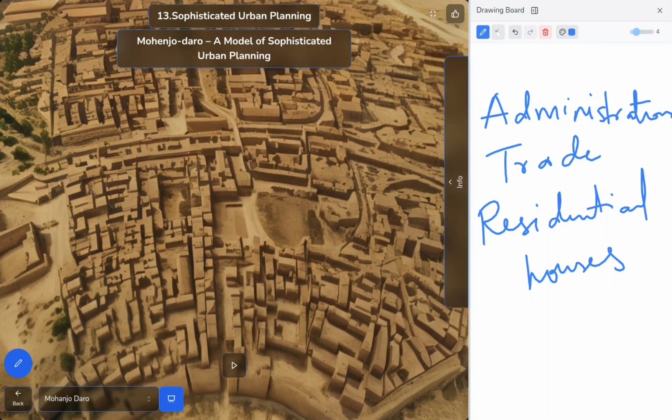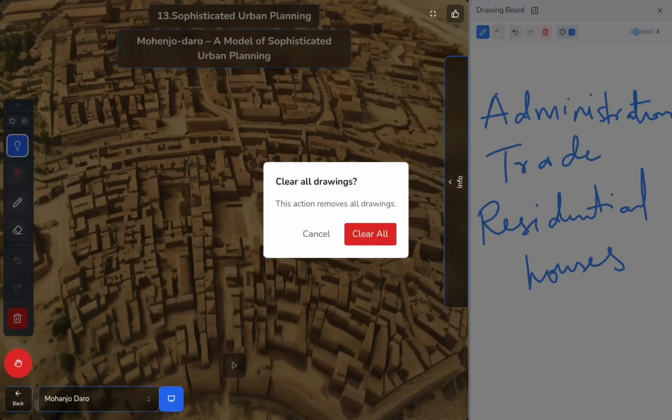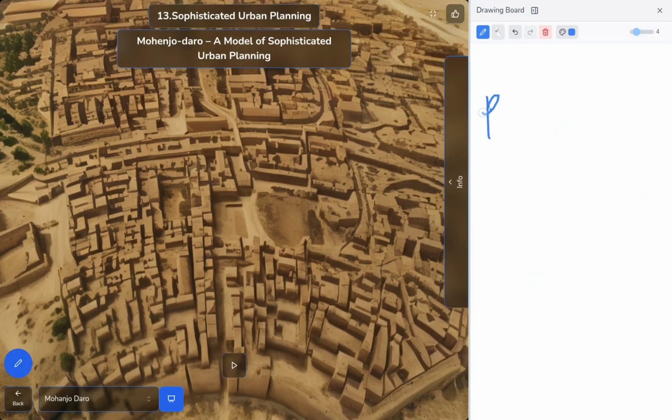Every house is getting connected to the drainage system, and in the drainage system we can also see that the potholes are being arranged. The potholes are arranged to inspect the drainage system. Okay. Let's just see once again.